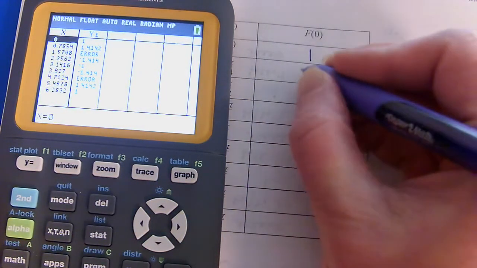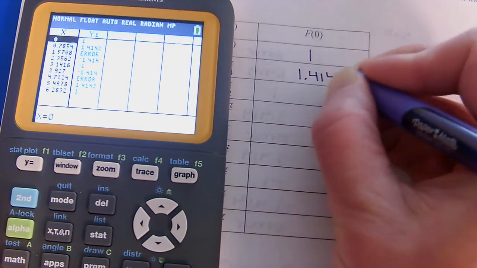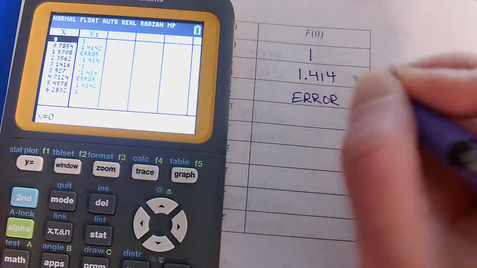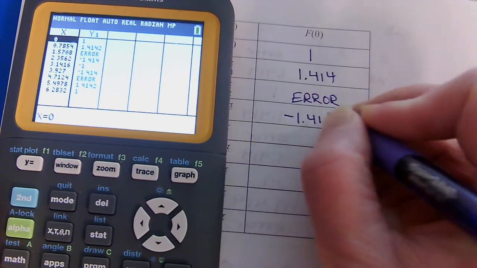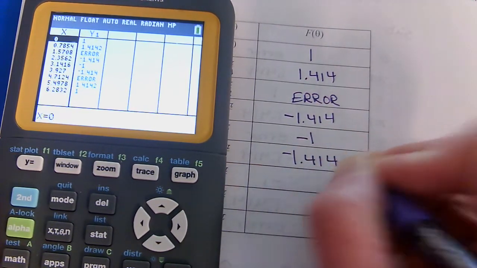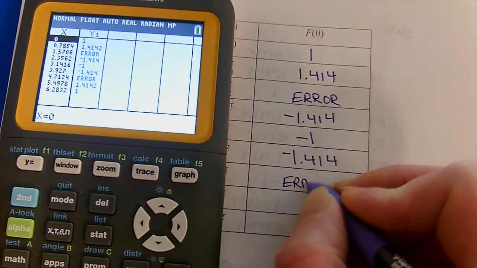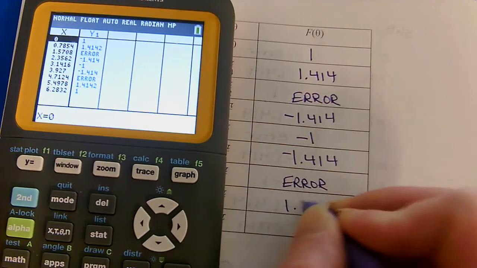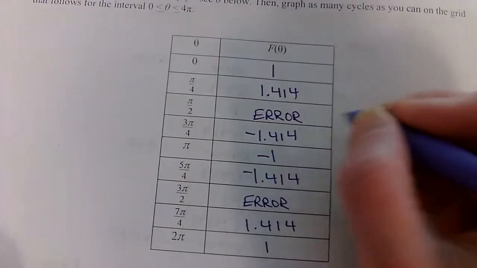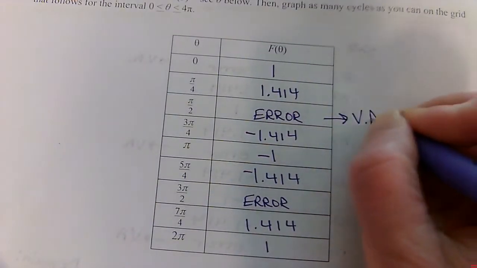1.414, error. What do you think's happening at the errors? Those are going to be vertical asymptotes.